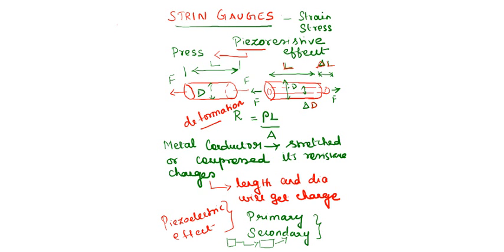L is the original length, and the change in length is indicated as del L. A is the area. So it all depends on the dimensions of a particular conductor. That is how the strain gauge works.